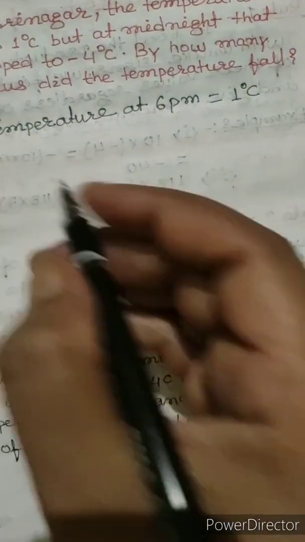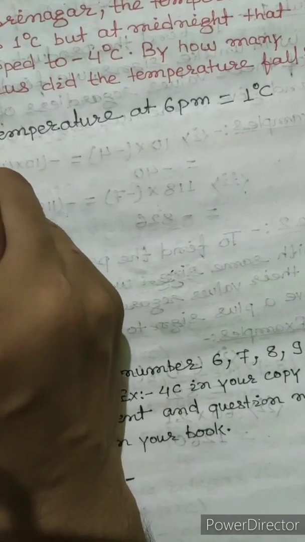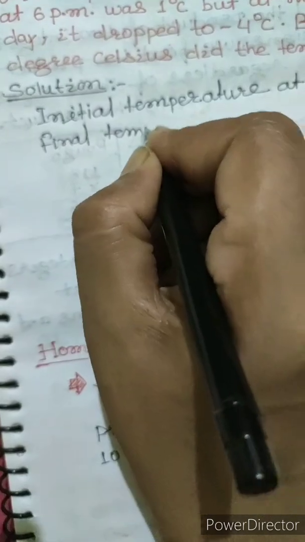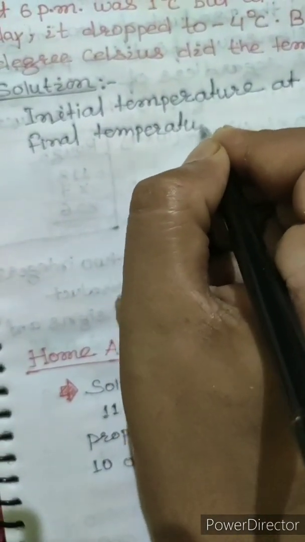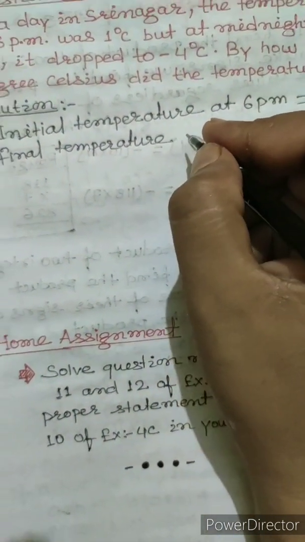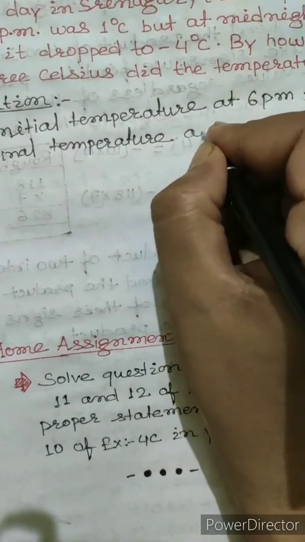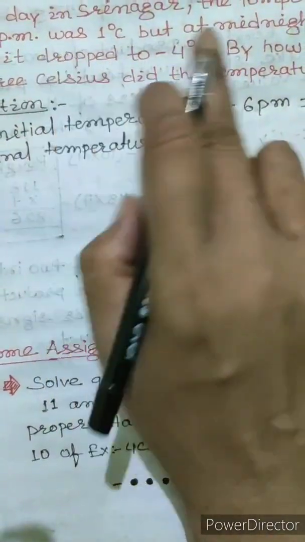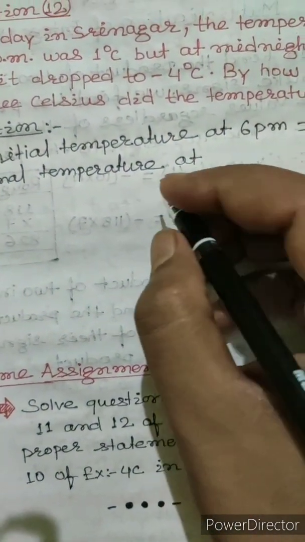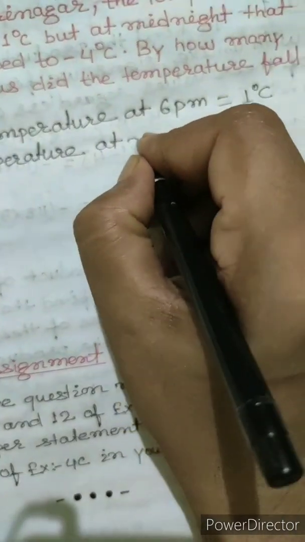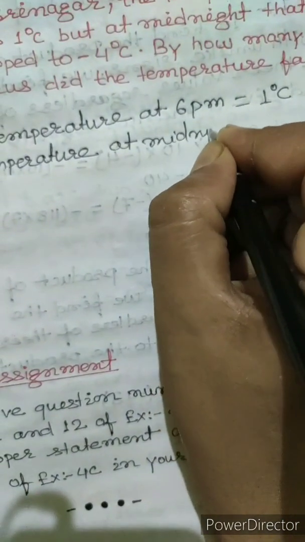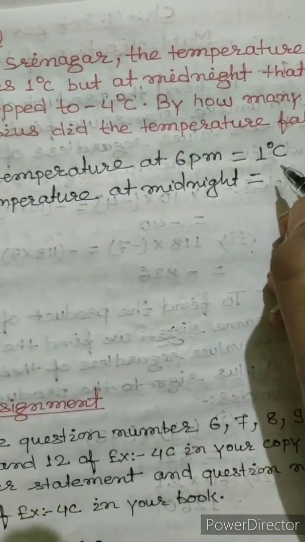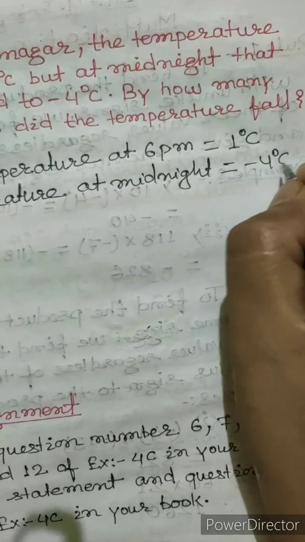Now you have to find the final temperature. Final temperature at midnight, how much was it? Minus 4 degrees Celsius.